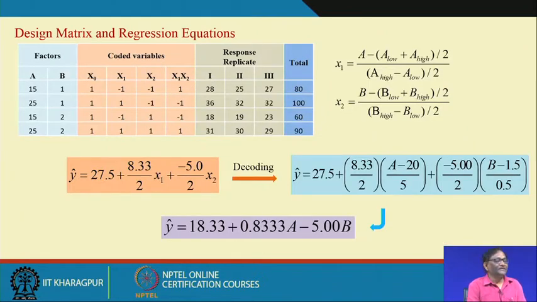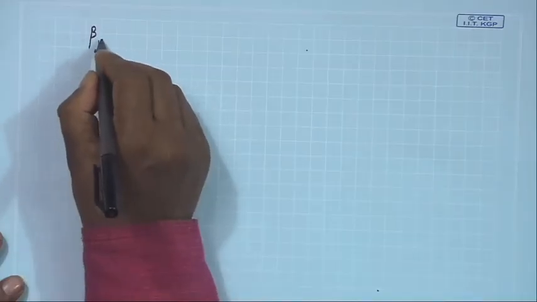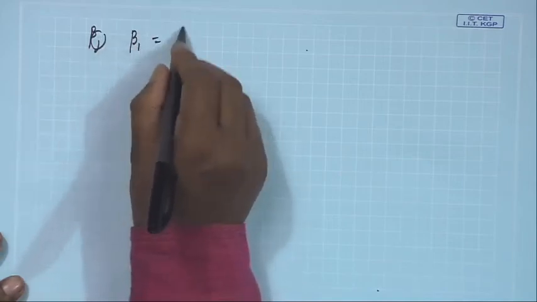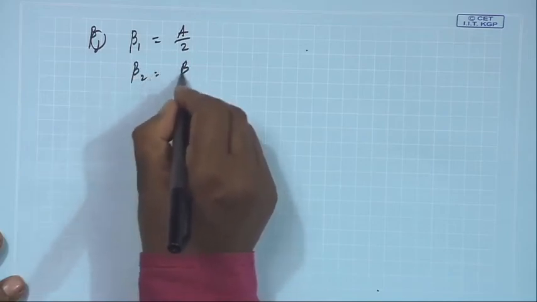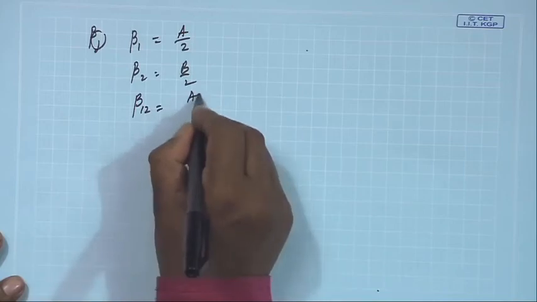Now, from there straightaway I am going to the regression equation. As you know, the regression coefficient beta 1 will be A by 2, beta 2 will be B by 2, and beta 12 will be AB by 2.